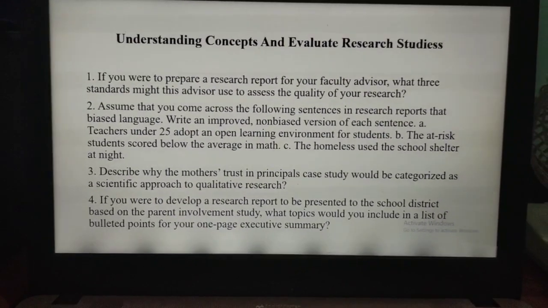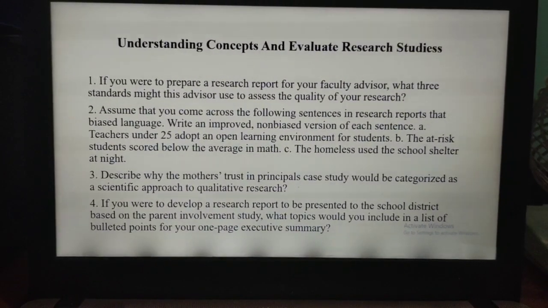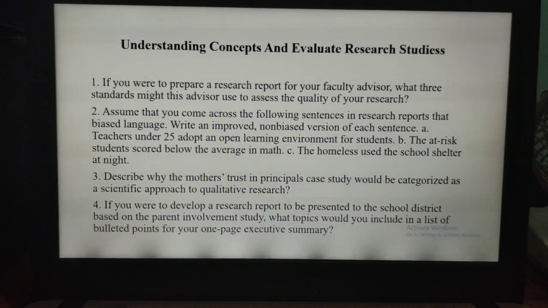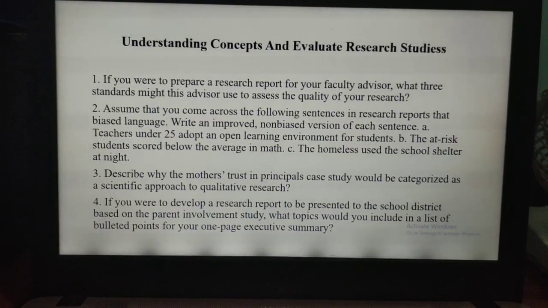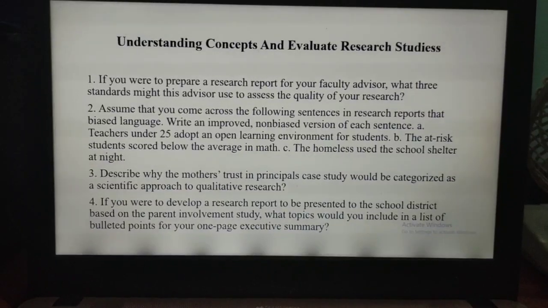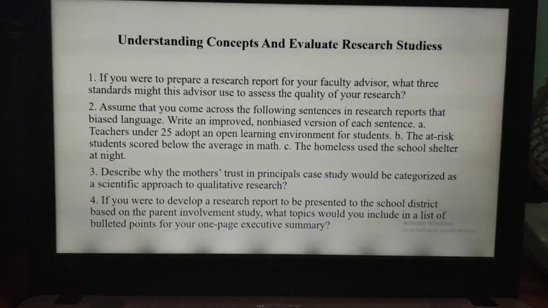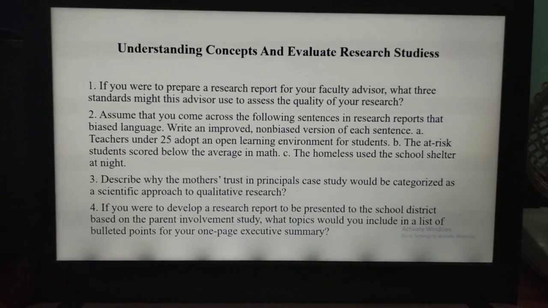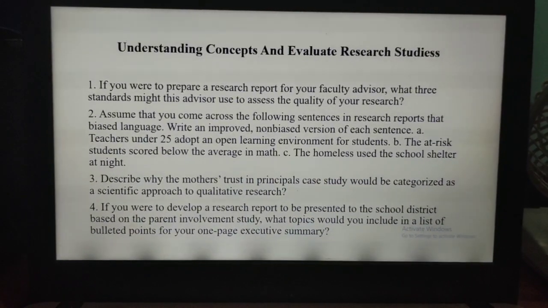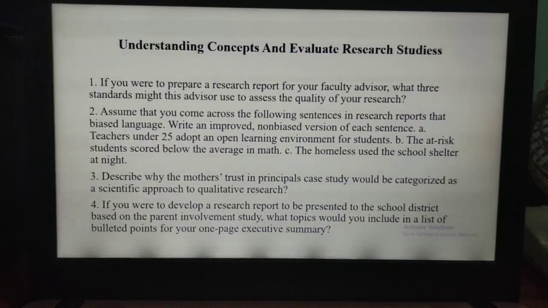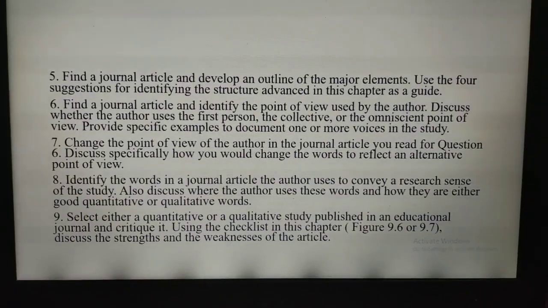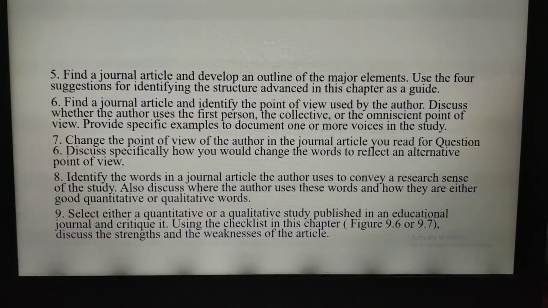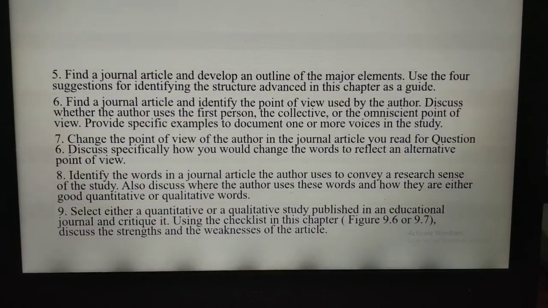Number four, if you were to develop a research report to be presented to the school district based on the parent involvement study, what topics would you include in a list of bullet points for your one-page executive summary? Number five, find a journal article and develop an outline of the major elements.